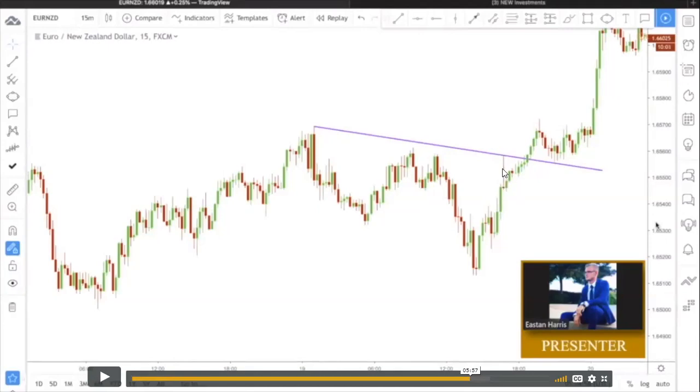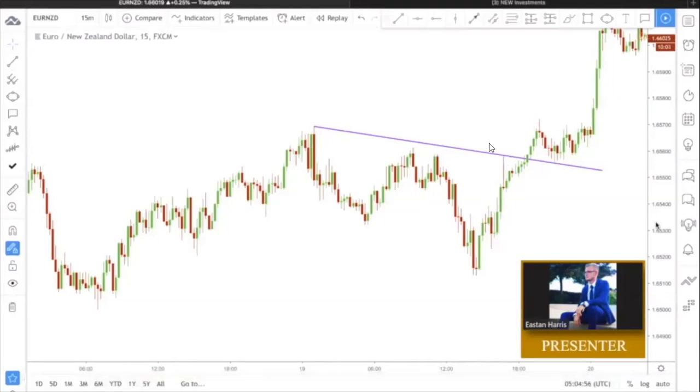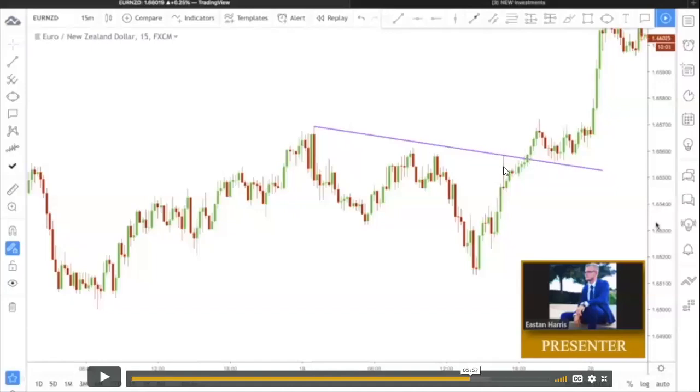Once this candle was created right here and this wick happened, our trend line was coming this way, we would adjust it and move it up to include that wick because that's where price went. I think somebody asked about that the other day, about how you know when to move it. You'll know when to move it because you'll see a wick shoot through it. And then you want to include that wick in your trend line.